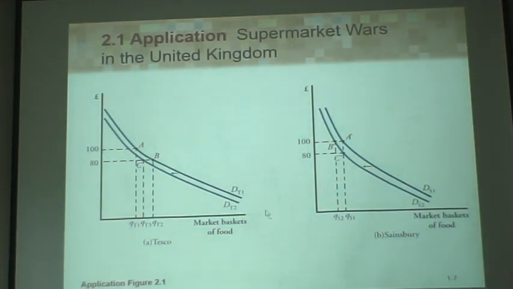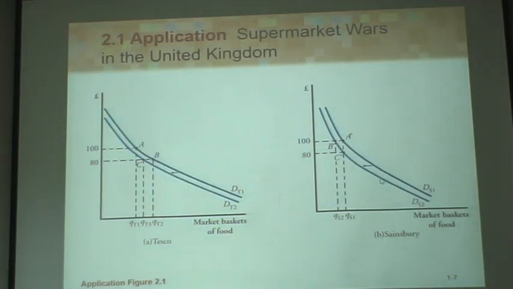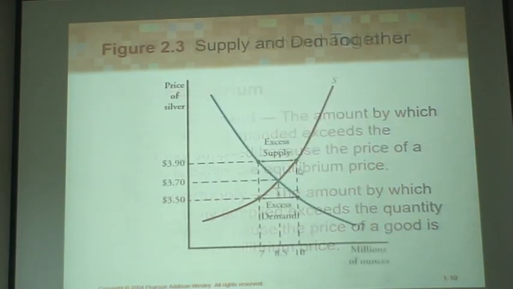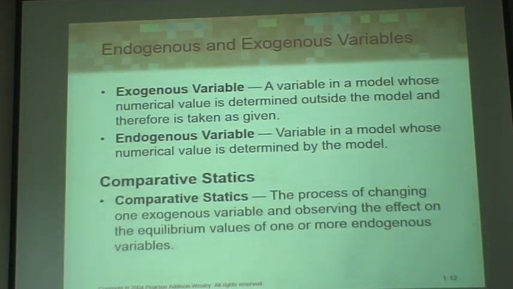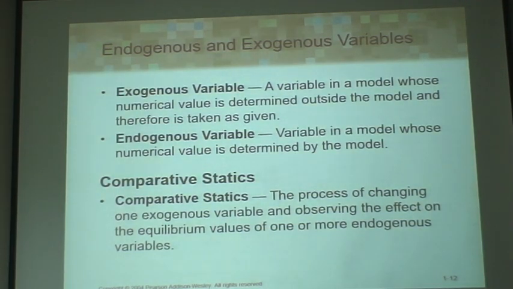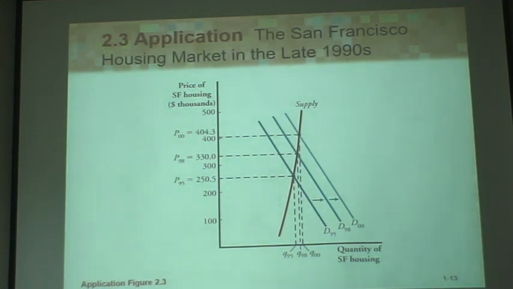And the opposite: Sainsbury price will be an exogenous variable to the Tesco model. Comparative statics is a complicated concept. Here it doesn't really tell you much. But anyway, the market we talk about, Sainsbury and Tesco, is one example of this.